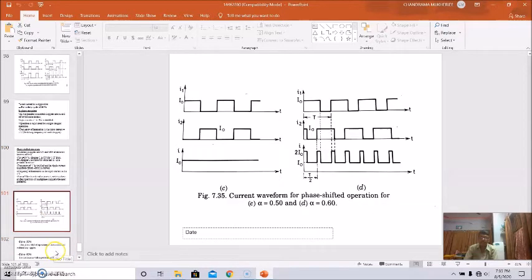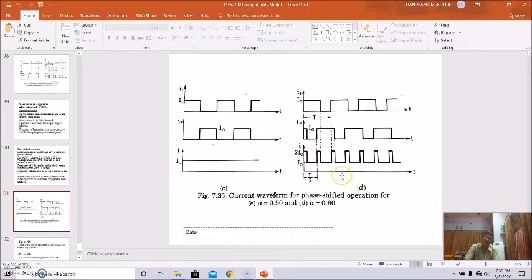This is the current waveform for phase shifted operations for alpha 50 degree, and this is for alpha 60 degree. This is I1, the output current for chopper 1, this is the output for chopper 2, and this is the average output current. For alpha equal to 0.5 and alpha equal to 0.6, this is I1, this is I2, and this is 2I0.